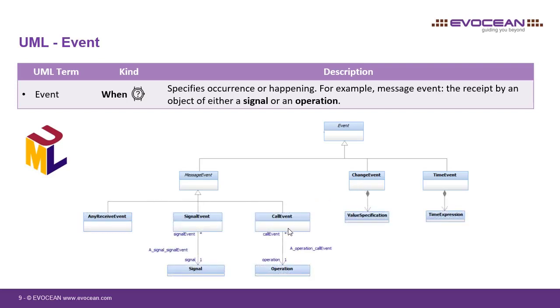The UML call event is what is known as triggered operation in Rhapsody. The UML signal event simply corresponds, what a surprise, to an event in Rhapsody. This type of event can trigger effects or behavior, which is the case when the event is associated to a trigger.